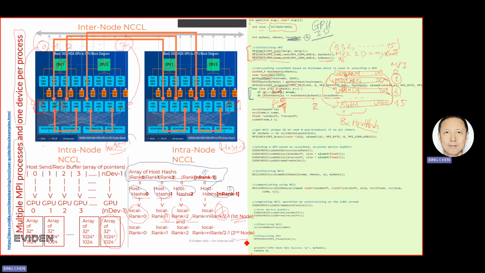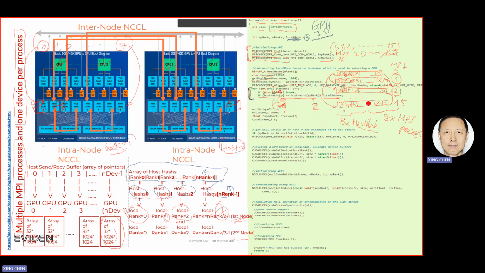And then for the second node, this piece of code, this for loop, is for the second half of the MPI processes, from 8 up to 15. You have another 8 MPI processes, and they are running on the same host.